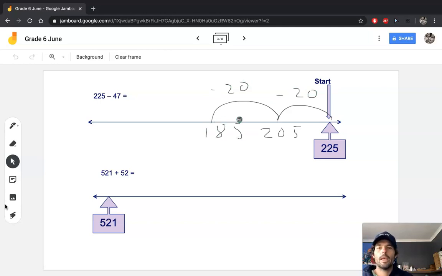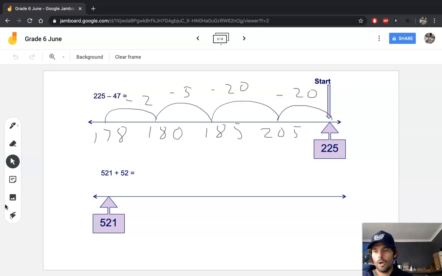Okay. And then again, you can decide to either go back 5 to 180 and then back another 2 to 178. Okay, it really helps if you recognize, for example, that the 7 from the 47 can be broken up into 5 and 2, and that you can see from 185 we can go back 5 to 180. But if you had gone back 7 individual units, no problem. You would have got to the same answer.